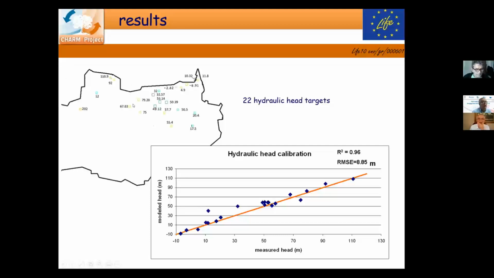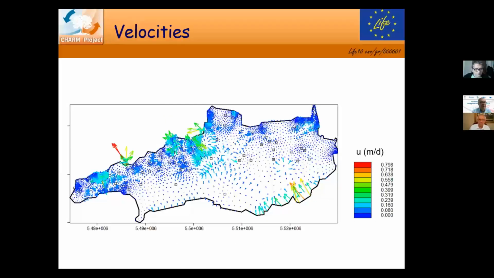And why are we concentrating on this area? Because, as you will see later, the problem which is created is in this area here where the industrial park exists. And this was the behavior of the groundwater velocities.